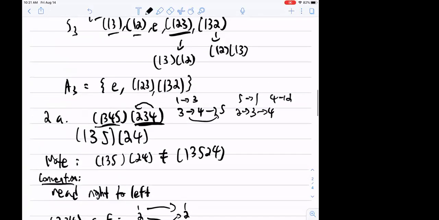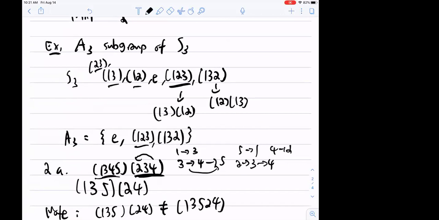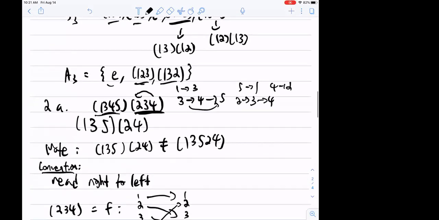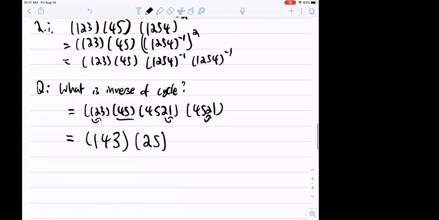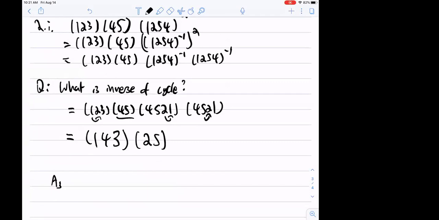But let me go back to A3. You can see that there are 3 elements here. So it's pretty clear the inverse of 1, 2, 3 is either itself or 1, 3, 2. Agree? So it turns out it is 1, 3, 2, because from what we just answered here, let me rewrite it. A3, if it forms a group, must have inverses.